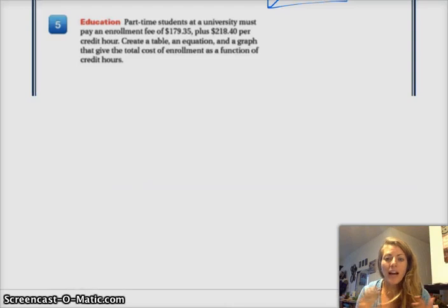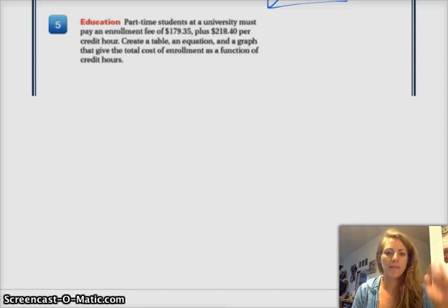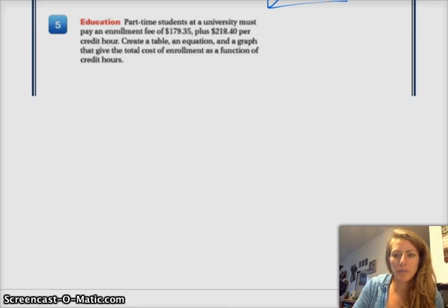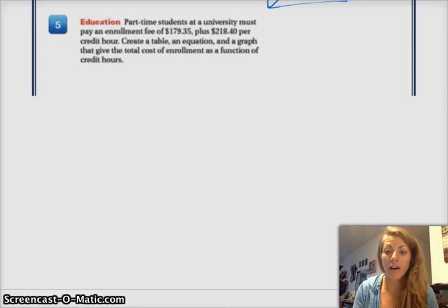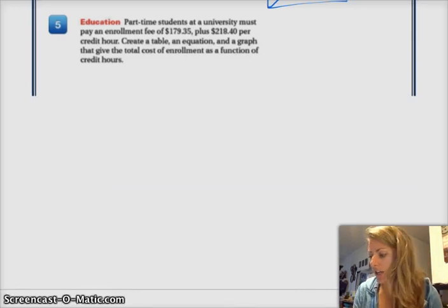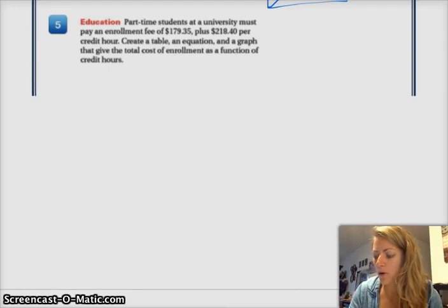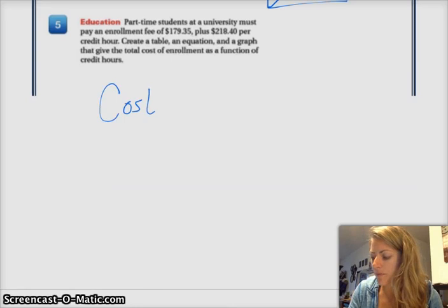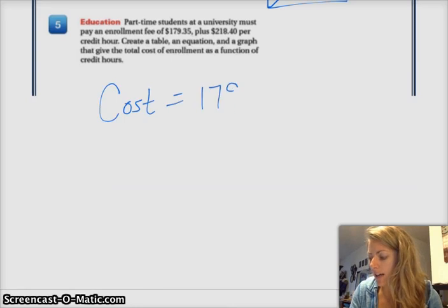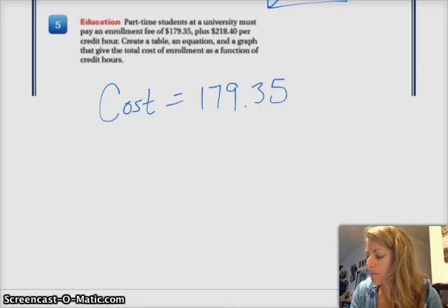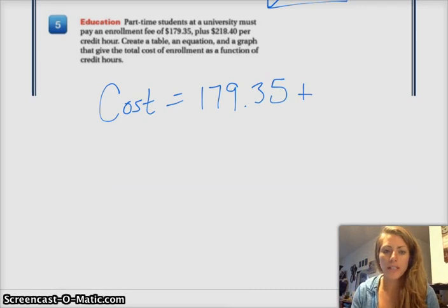For me, I'm very algebraic, and so I want the equation first, and then I can make the table with that. So I'm going to do my equation first because I can tell already that this is a linear relationship. So I know that my total cost is going to be $179.35 plus $218 per credit hour.